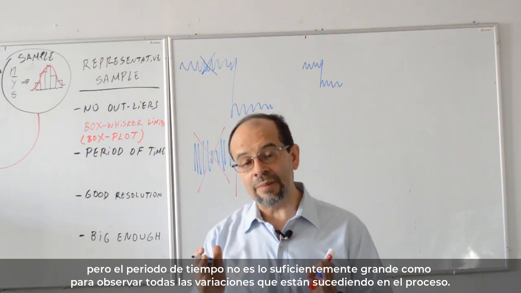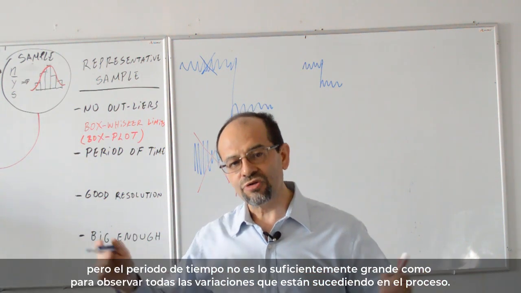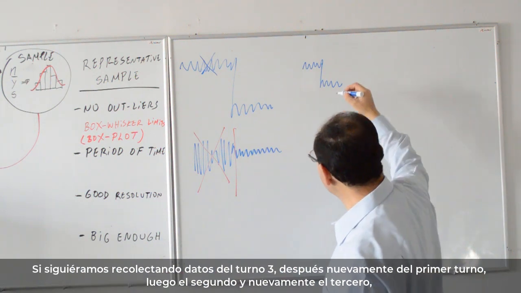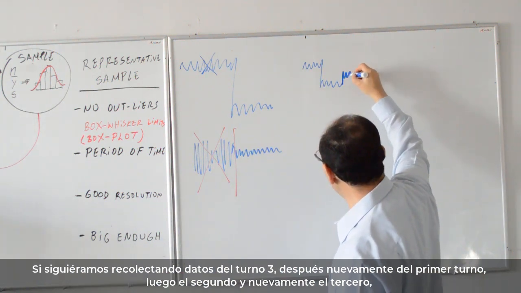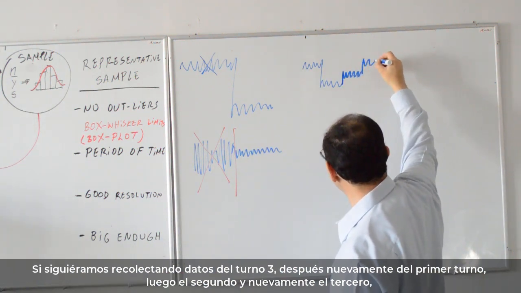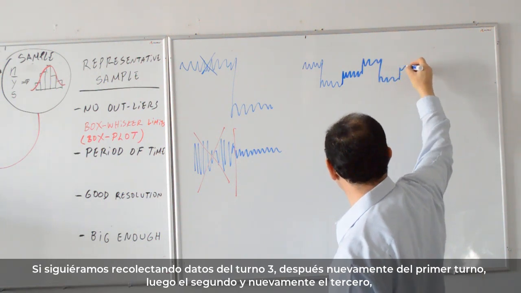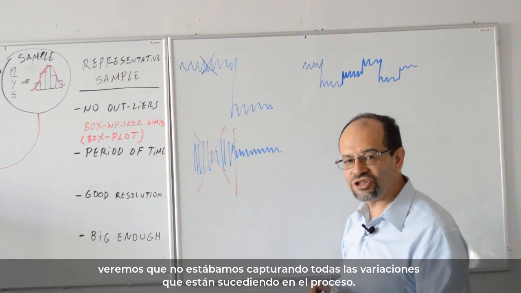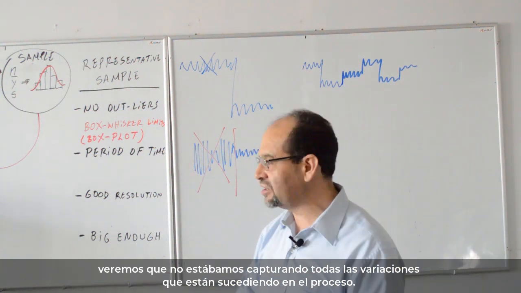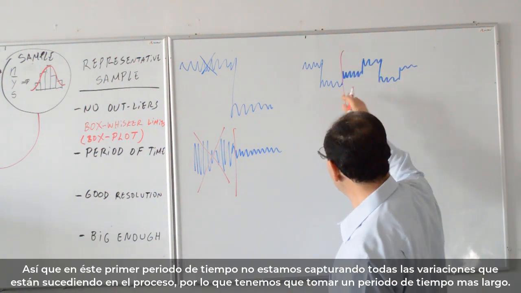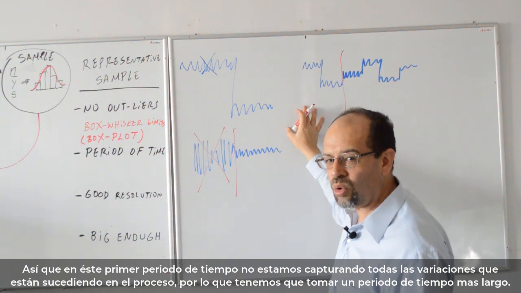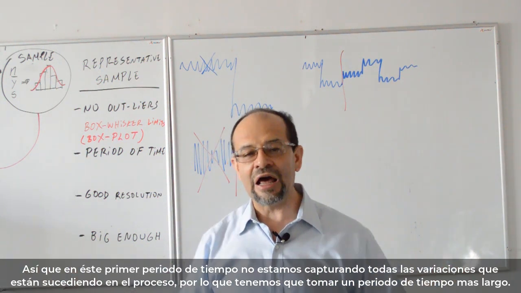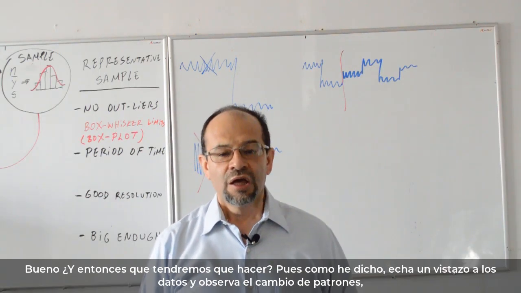But the period of time is not big enough to observe all the variations that are happening in the process, because if we were collecting data for shift number 3 and again shift 1 and again shift 2 and again shift 3, we would see that we are not catching all the variations that are happening in the process. So this first period of time is not catching all the variations, so we have to take a longer period of time.